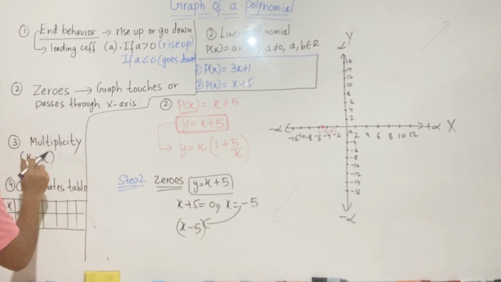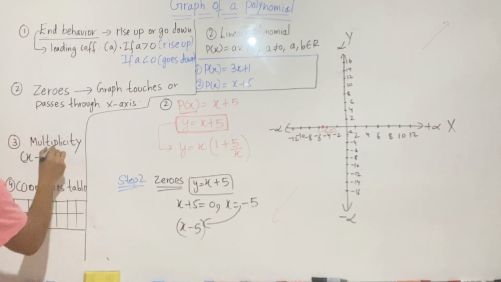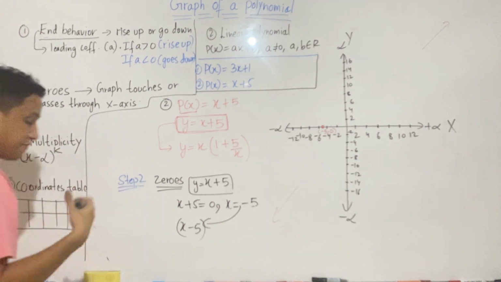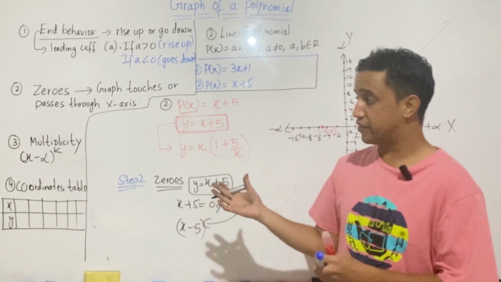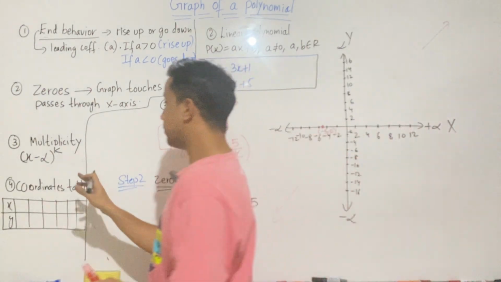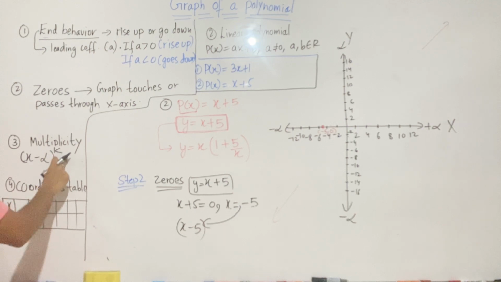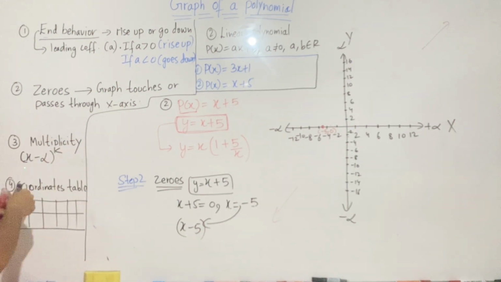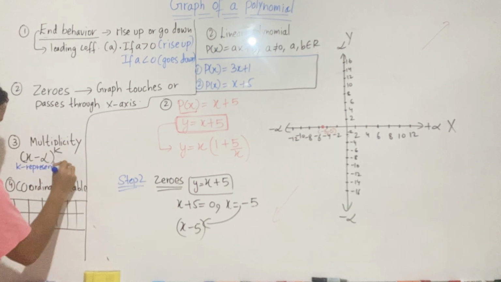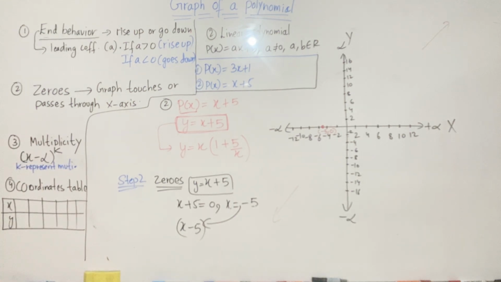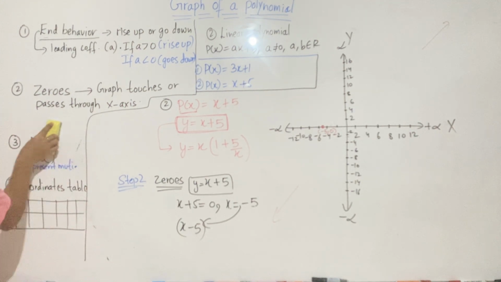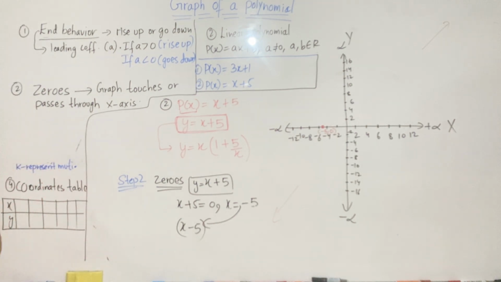If alpha is the zero, and the zero comes in the expression form x minus alpha raised to the exponent k, then k represents the multiplicity.